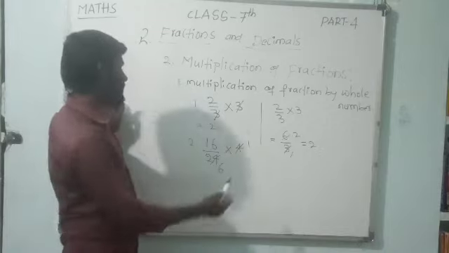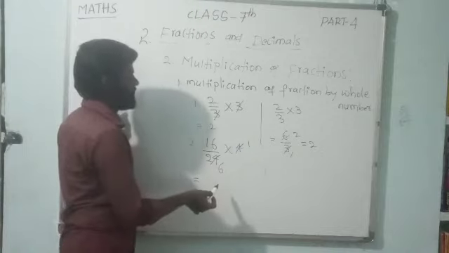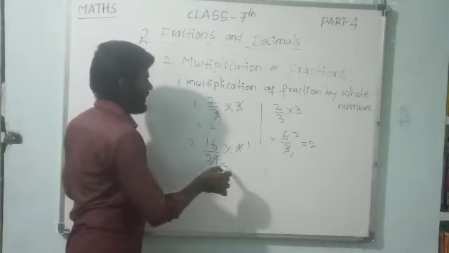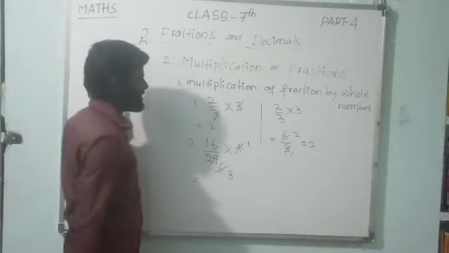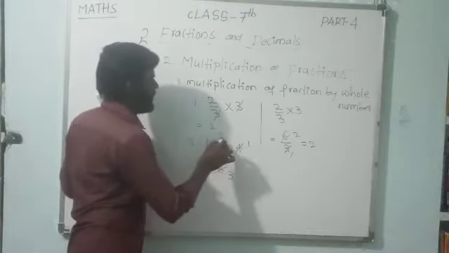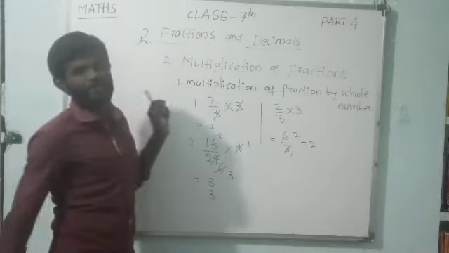Further you can make it cancel. This will be 2. 2 3s are 6, 2 8s are 16. Answer is how much we are getting? 8 by 3 we are getting.